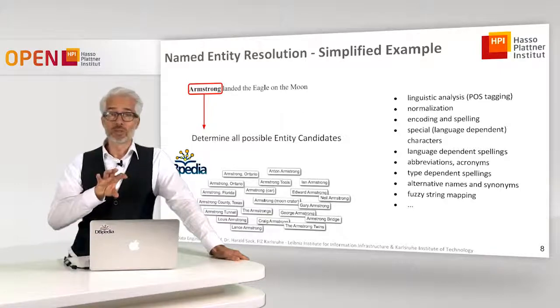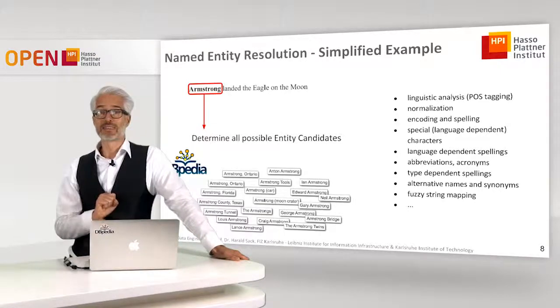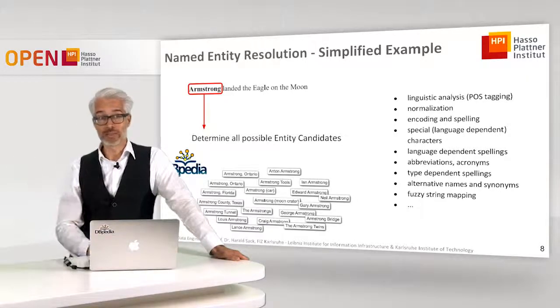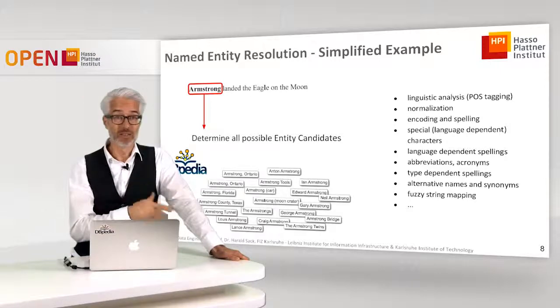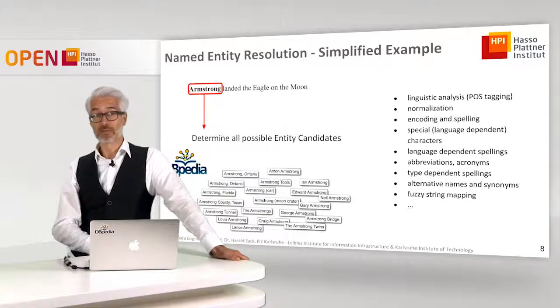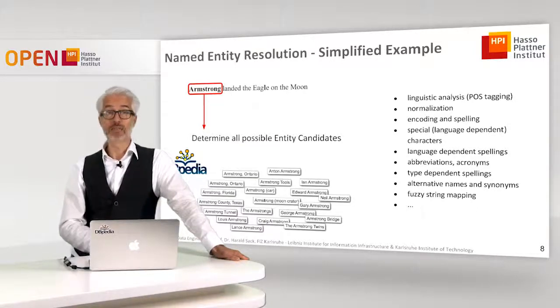So to determine all possible candidates in a knowledge base would mean you have to look at all the labels, the name tags of all your entities, and all of them which contain or consist of something which is labeled Armstrong would be, in the end, a possible candidate in your disambiguation and named entity resolution process.